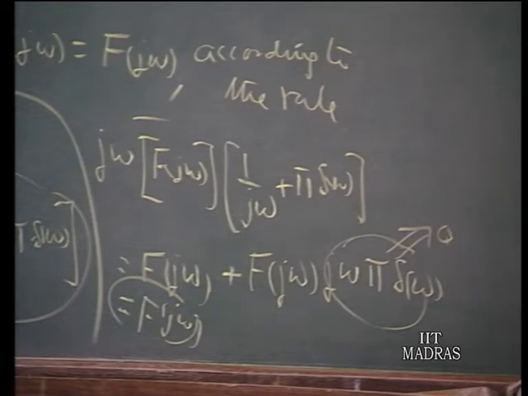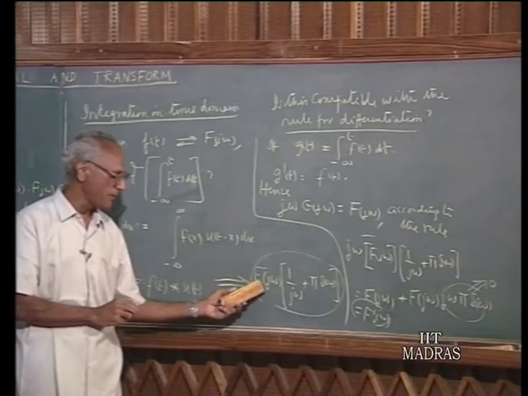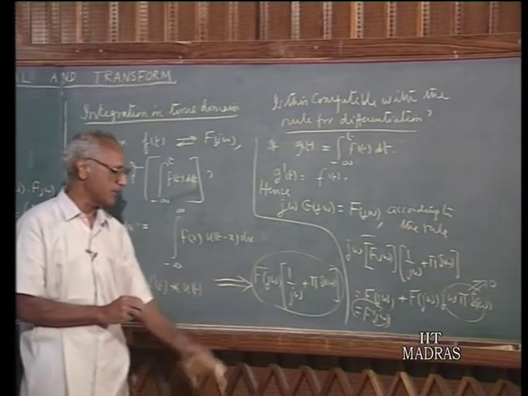So, in summary, the integration in time domain from minus infinity to t of f of t dt is translated into the transform domain as multiplication of f of j omega by 1 over j omega plus pi delta omega.